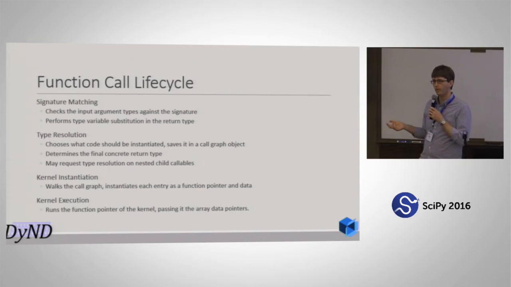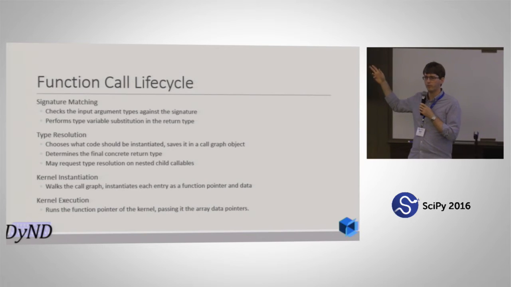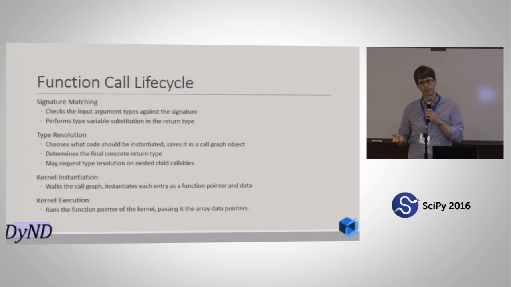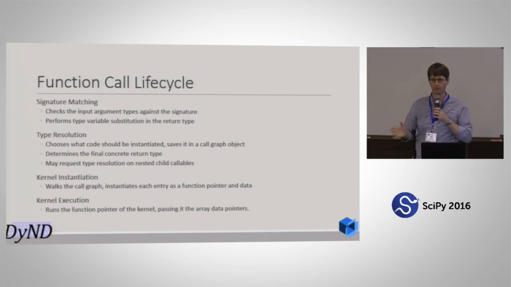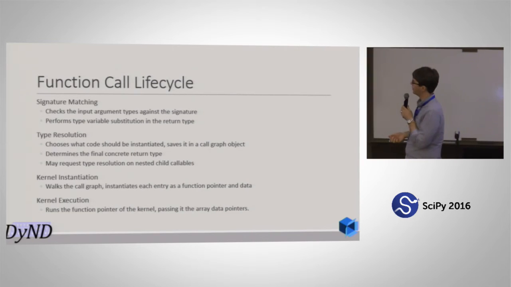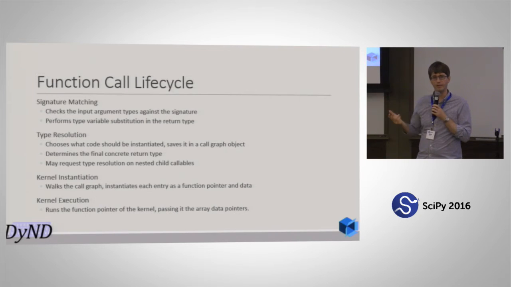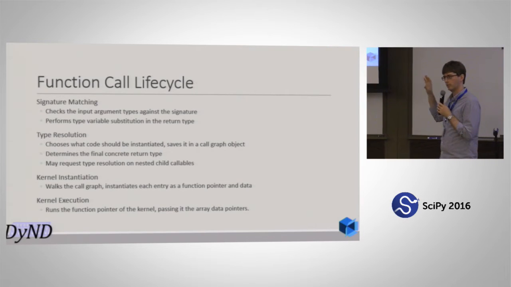array type. So after type resolution is called, then DyND can now allocate the output type and then call the kernel, giving the output addresses and the input raw addresses to it. So the type resolution is also where, if you have a nested structure in your callable, you're going to be nesting down and instantiating multiple of these together.